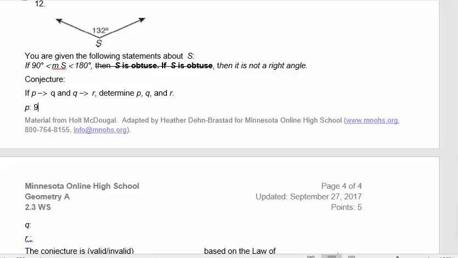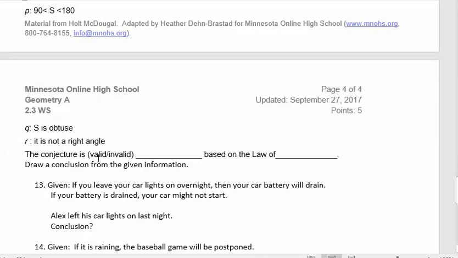And the hypothesis of the first statement was that the measure of angle S was between 90 and 180. That's P. Then we have the conclusion of the first statement. That was S is obtuse. And then we have Q is the same in both, S is obtuse. And then we need the conclusion of the second statement. It is not a right angle. So the conjecture, is this valid or invalid? It's valid, based on the law of syllogism.